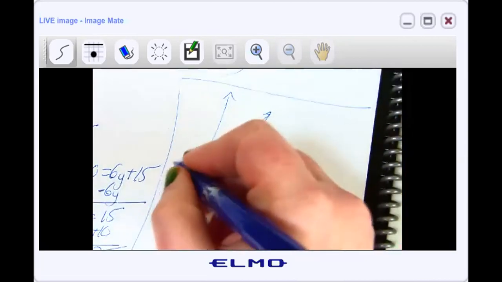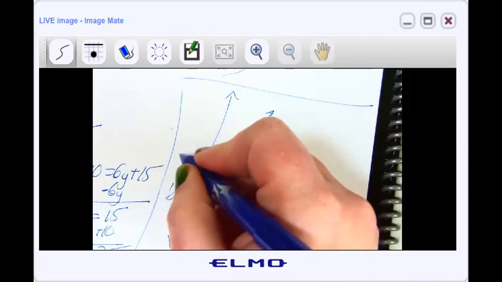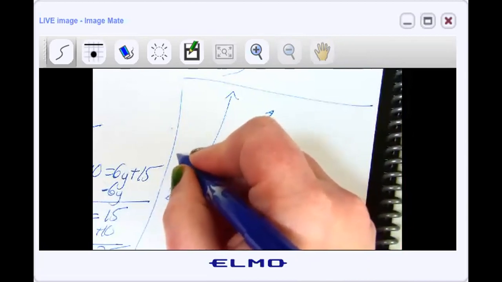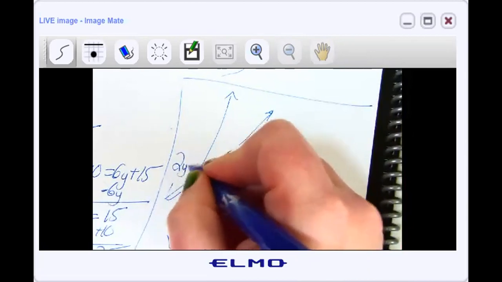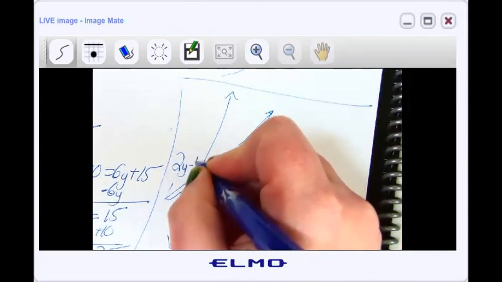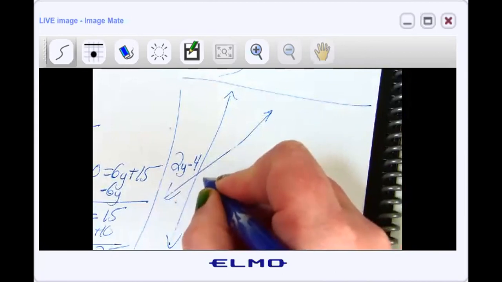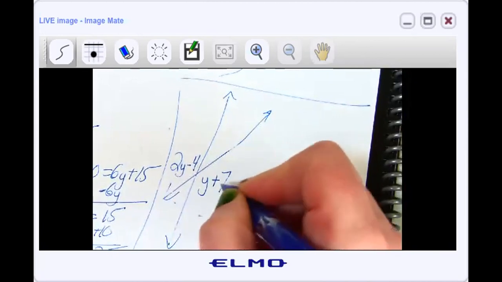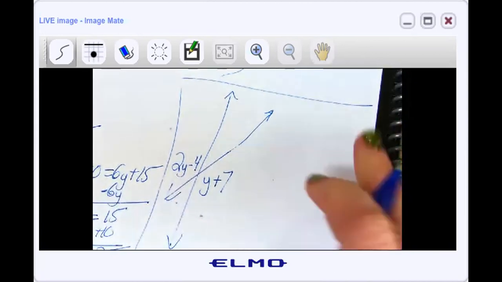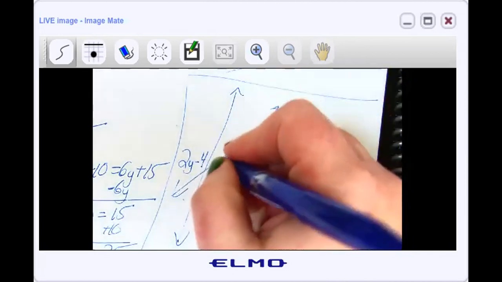Let's say this is, let's make this 2y minus 4. And let's make this y plus 7. And now, ooh, I know.